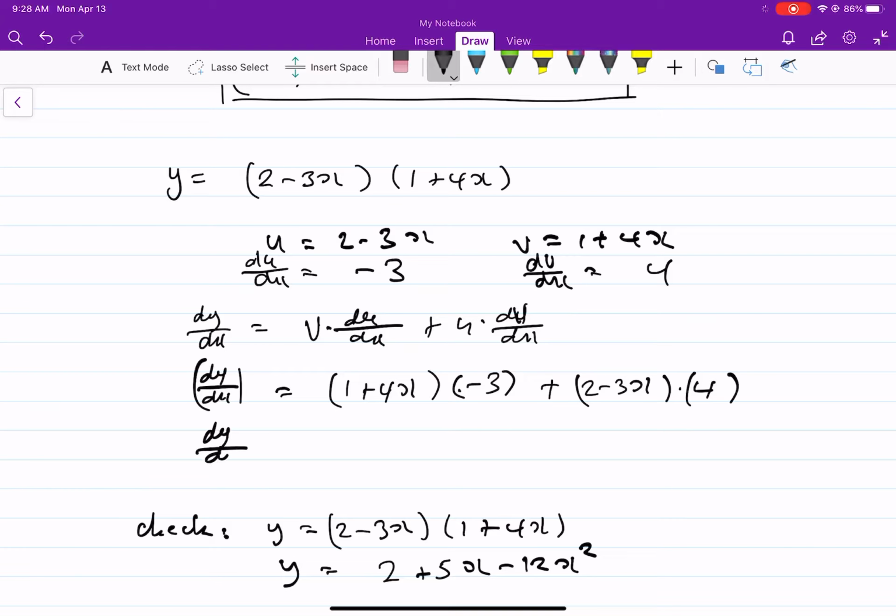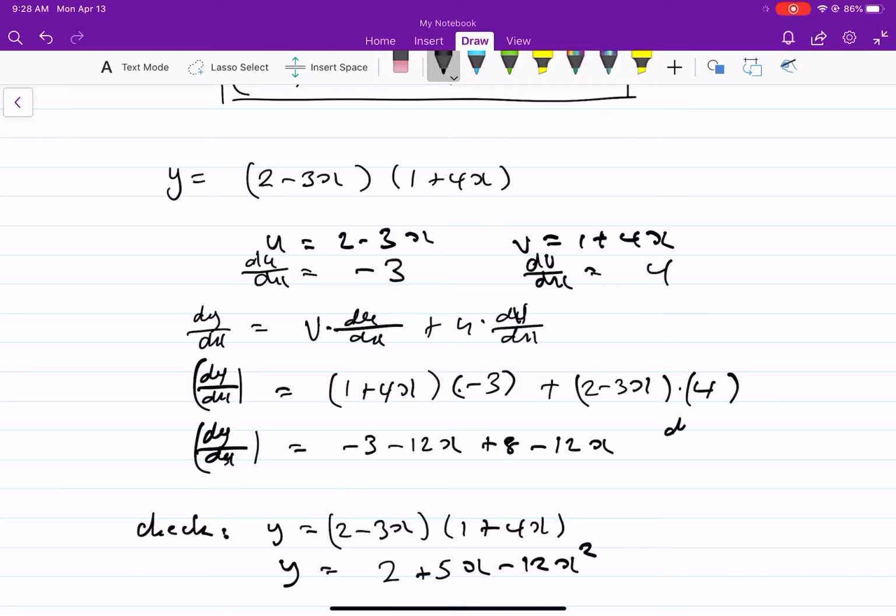Dy dx is therefore minus 3 minus 12x, and this would be plus 8 minus 12x.